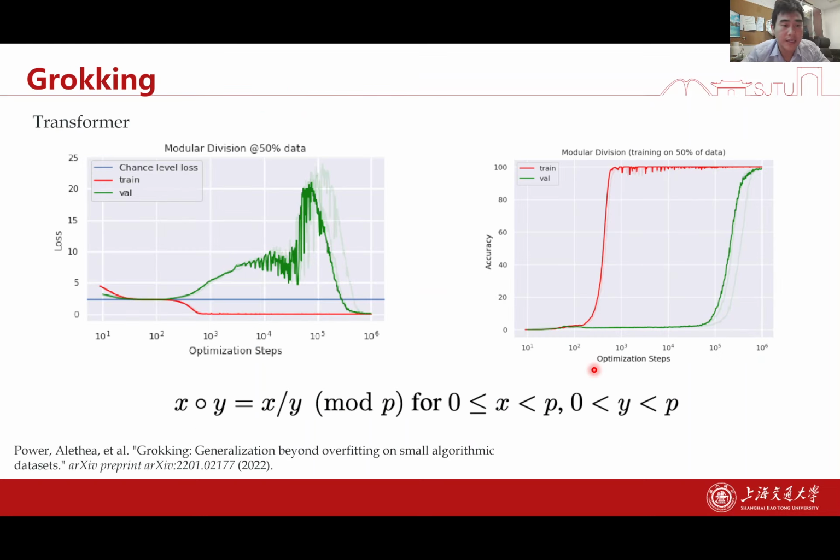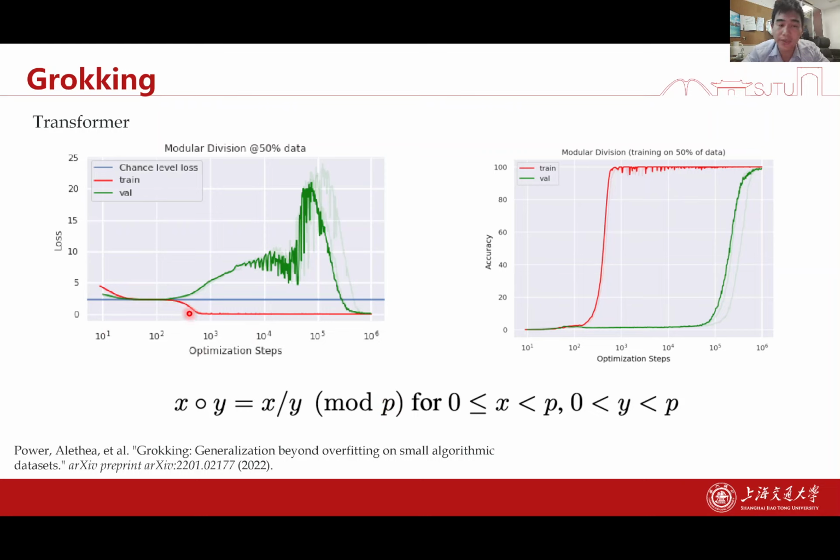However, here's an example that uses a transformer neural network to perform a modular division task. That is performed by x divided by y, and then performing the modulo on p. The training loss will continuously decrease.